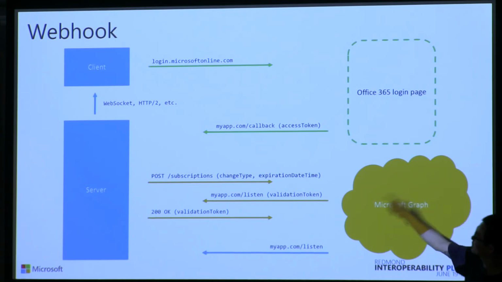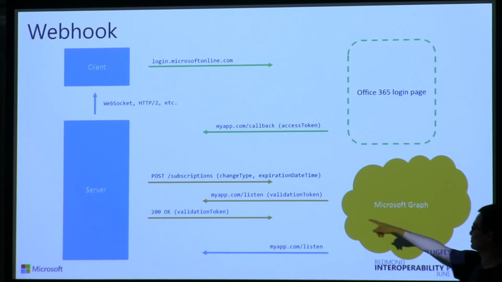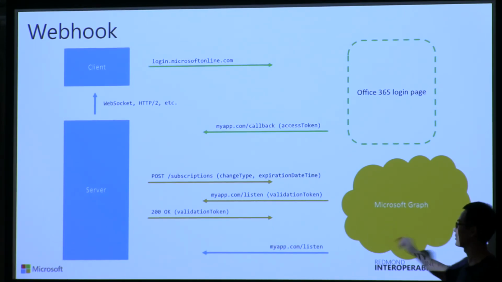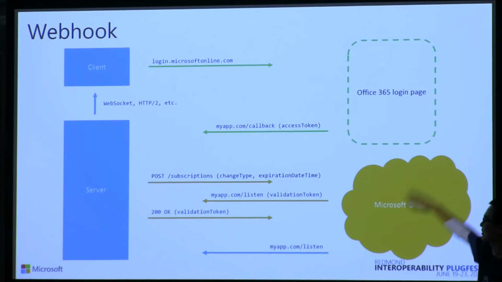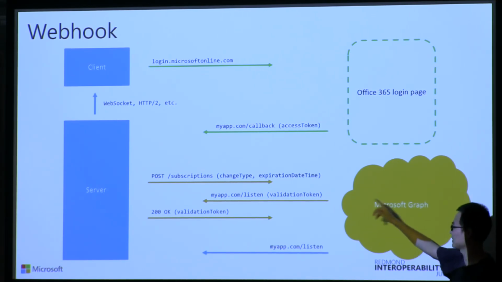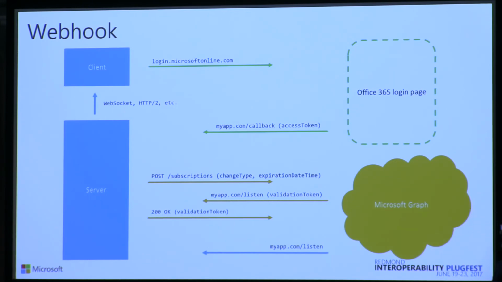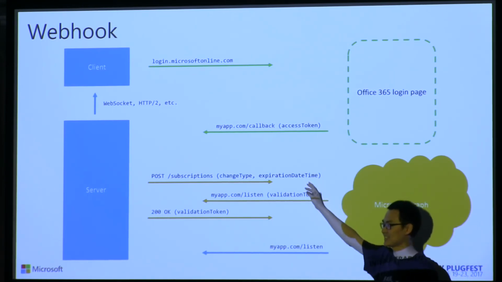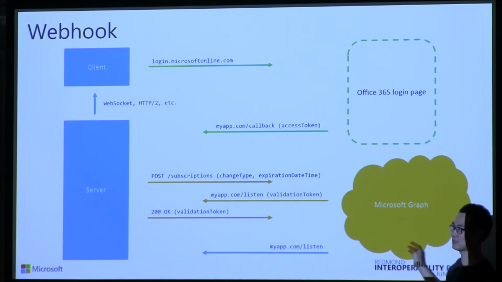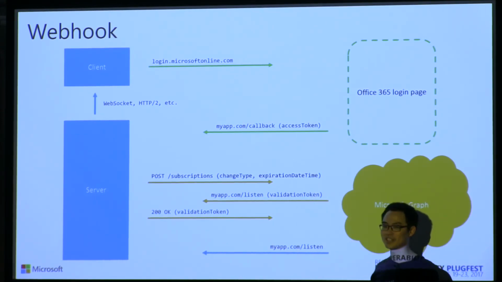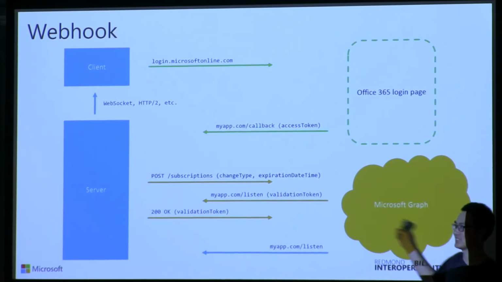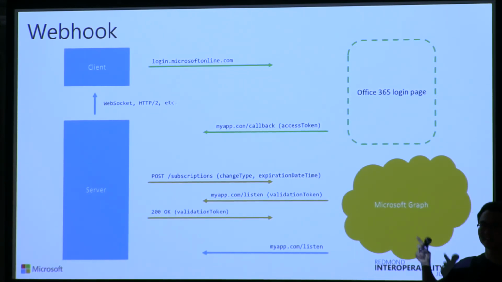So you return back to your server probably, and then you use this access token. You can post a subscription to the Microsoft Graph with the change type and expiration date time. The expiration date time means when this webhook is going to expire. For example, if this expiration is 1 year, after 1 year this webhook will expire. It will be gone. So you probably want to keep extending it.